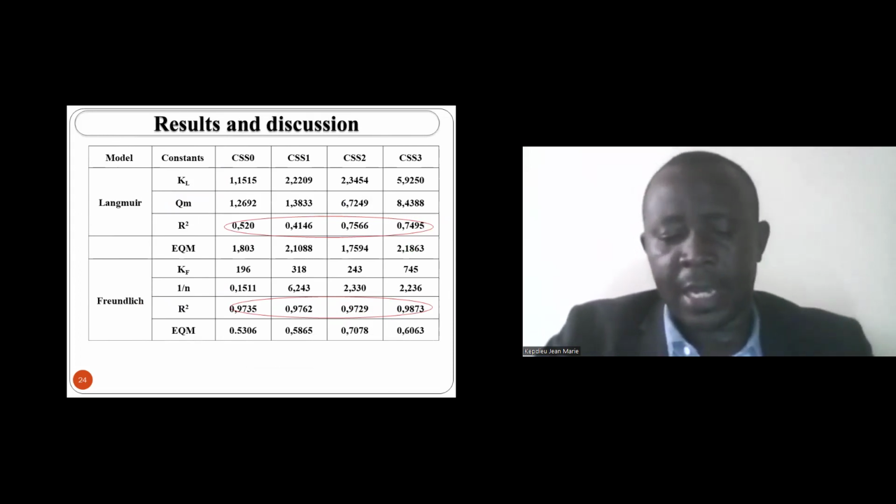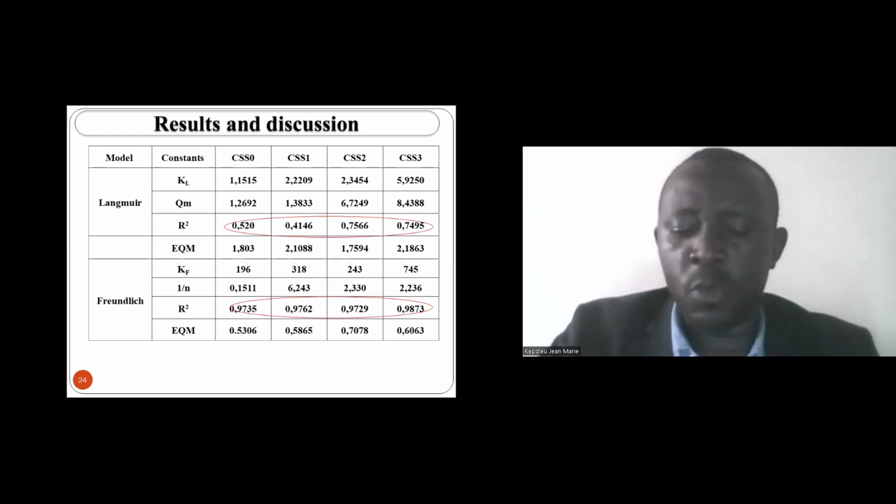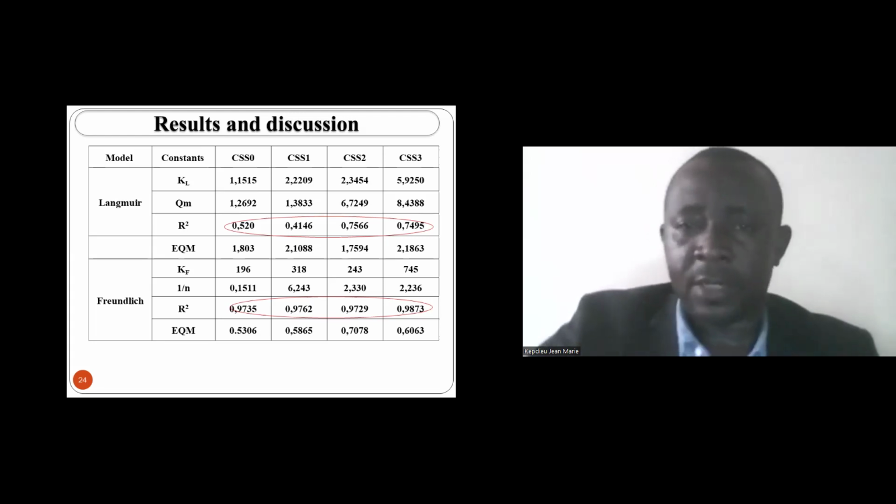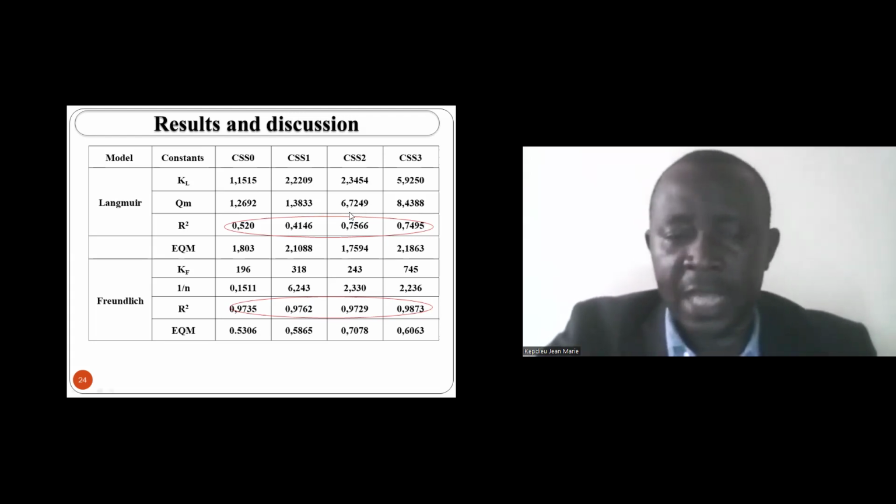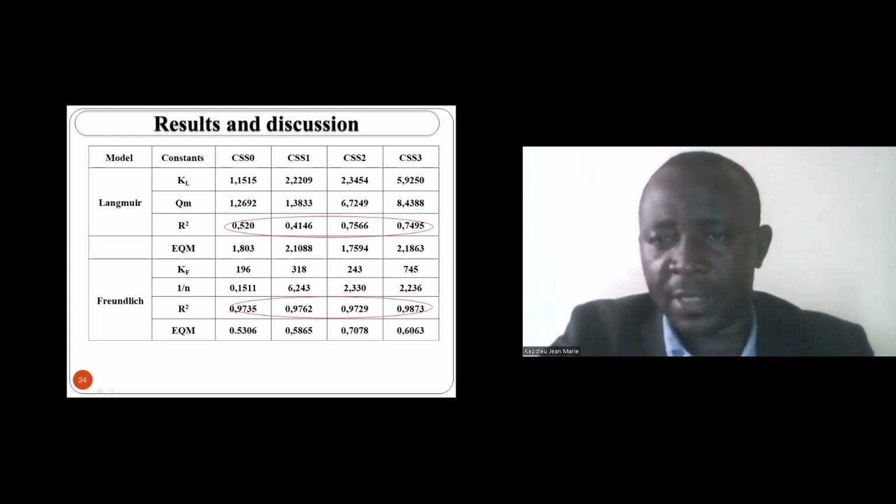The highest value for the Langmuir model is 0.7495, and the one of Freundlich tends towards unity.